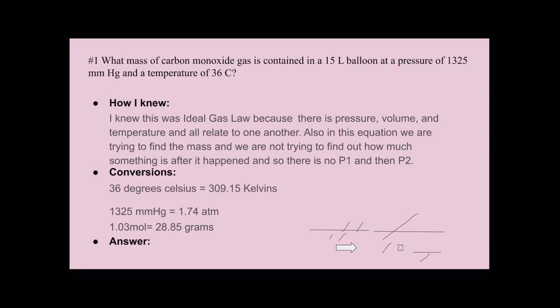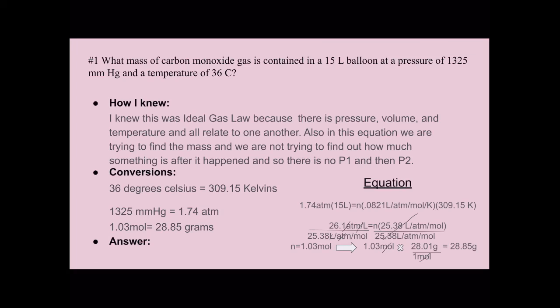To solve, we plug in 1.74 atm for pressure, 15 liters for volume, and then on the other side, we plug in 0.0821 liter-atmospheres per mole per Kelvin, because this is R, and then 309.15 Kelvin. After multiplying the equation, it should look like 26.1 atmosphere-liters equals n times 25.38 liter-atmospheres per mole.